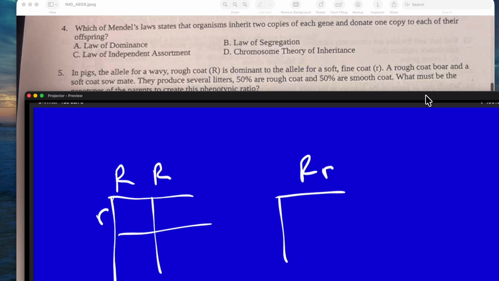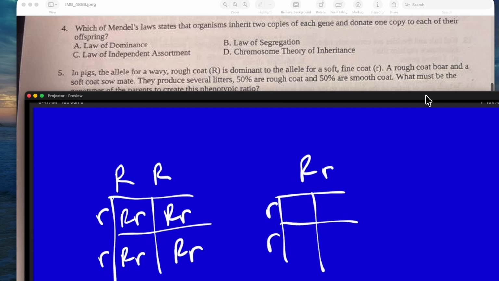If they are crossed with a recessive sow, we would get this for our Punnett square. And we see that condition 2 produces 50% soft.